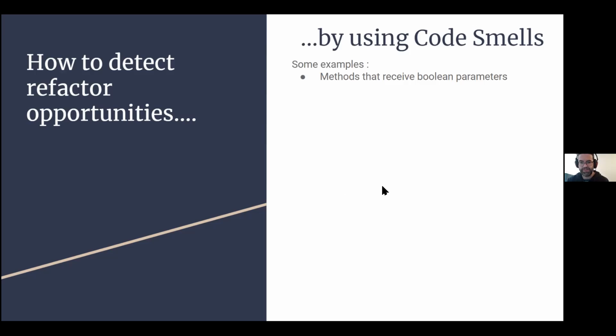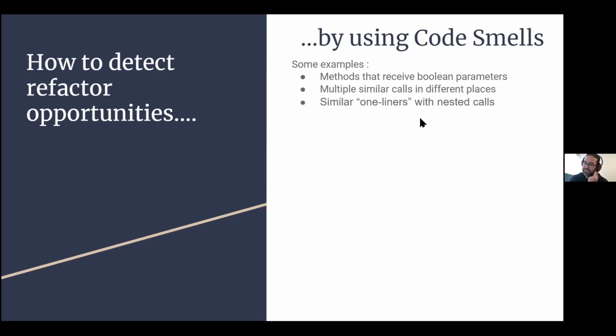This is the first one that I learned about from Uncle Bob: methods that receive Boolean parameters. We're probably so used to this that the first time we read this we think, why is it wrong? Everybody does it. We will see why, or how it can be done better. It doesn't necessarily mean that it's directly bad, because code smells are just that, things that can be improved.